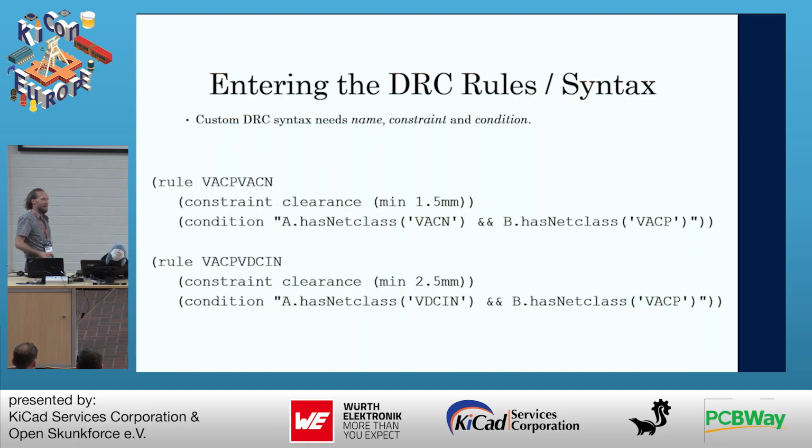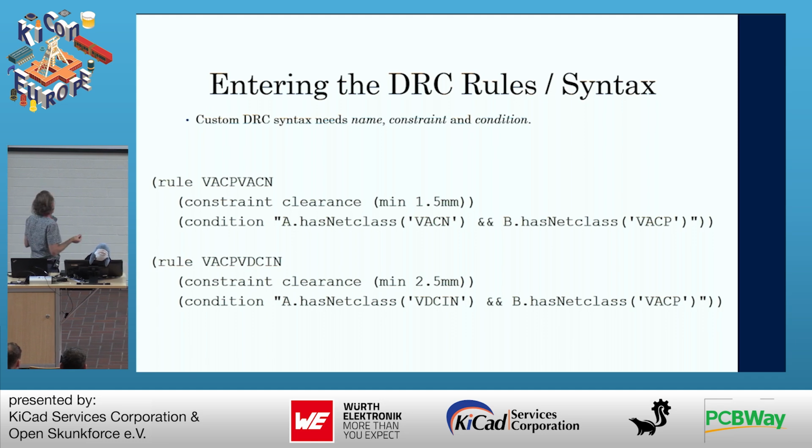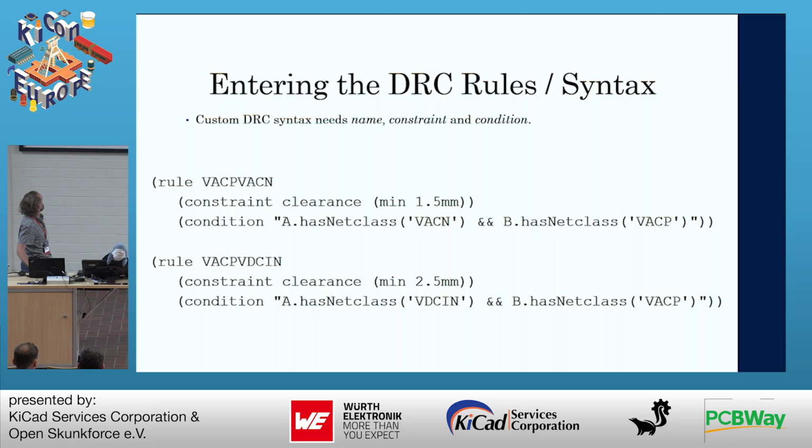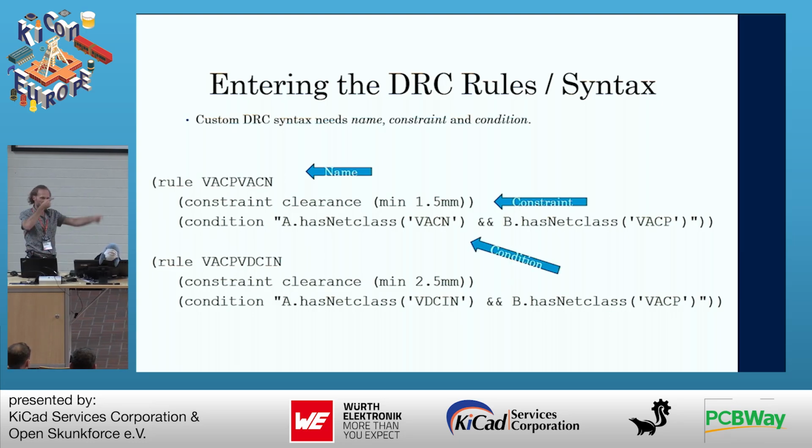Then we have to look at how we create these custom rules, and they have a specific syntax that you have to follow. I've displayed two examples of those here. The rule has a name, it has a constraint description, and then it has a condition. And I'm going to explain it in reverse order because that makes more sense.